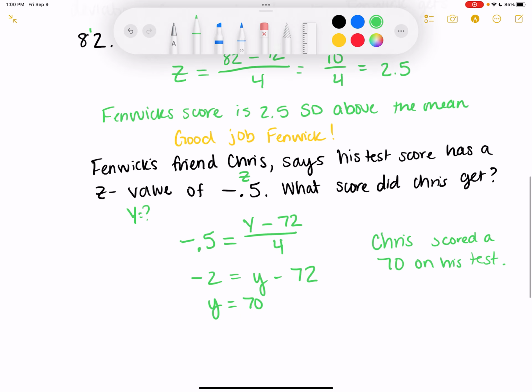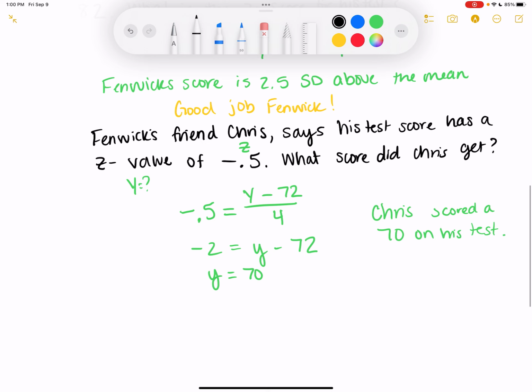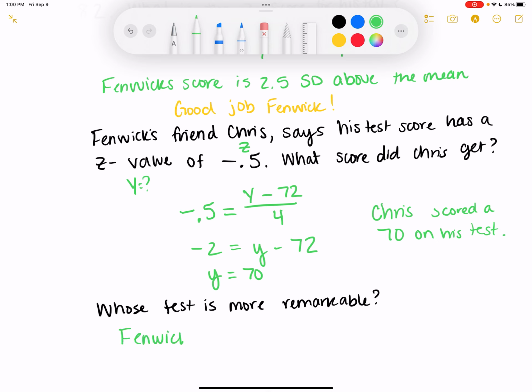So this probably is obvious, but whose test is more remarkable? Fenwick, because his z-score is farther from 0 than Chris's.